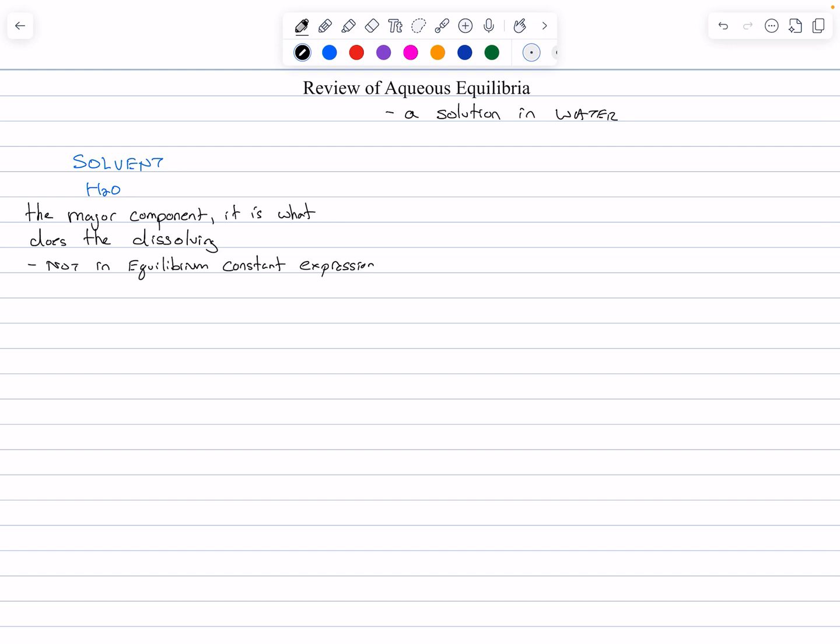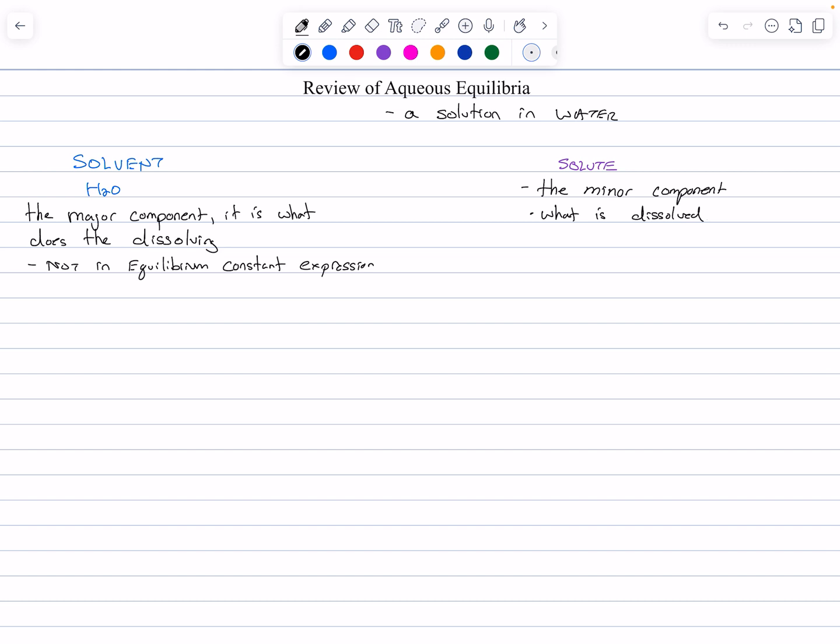So the solvent is the major component of the solution. We're going to do a lot with water, especially in Gen Chem 2. Then you have the solute, and this is the minor component. What is dissolved?